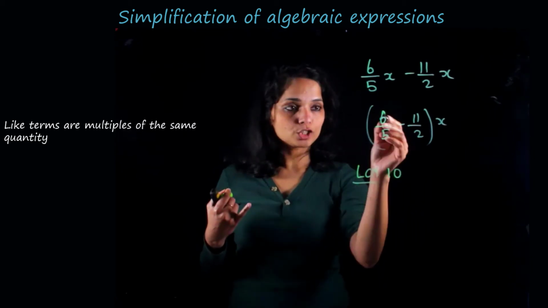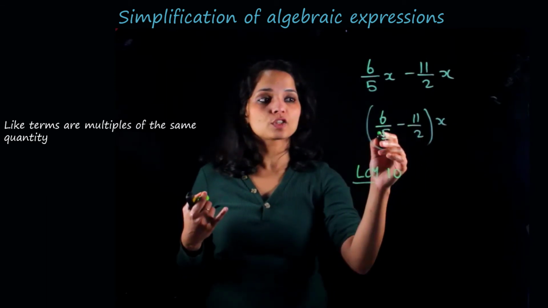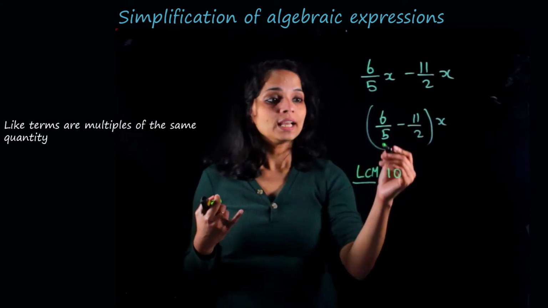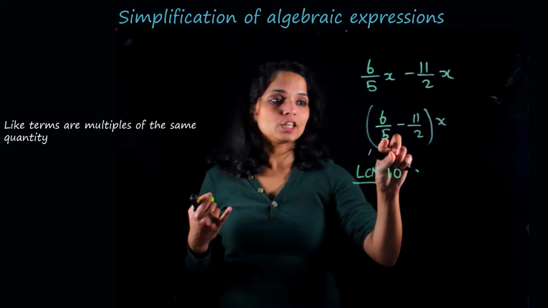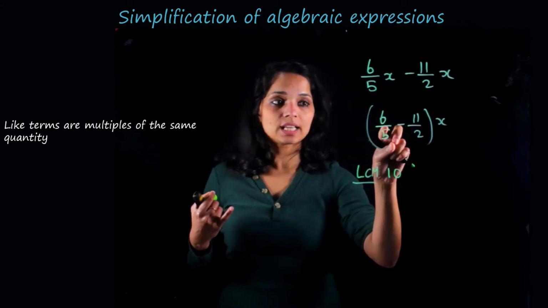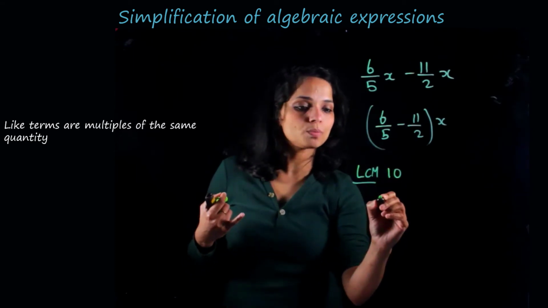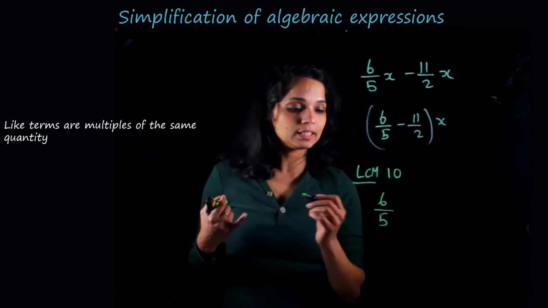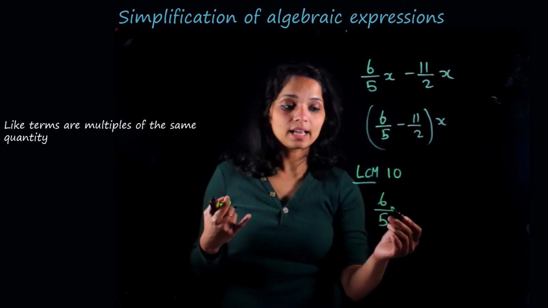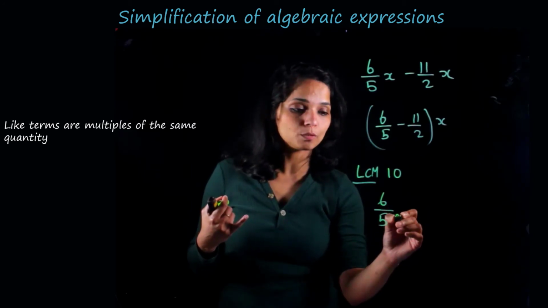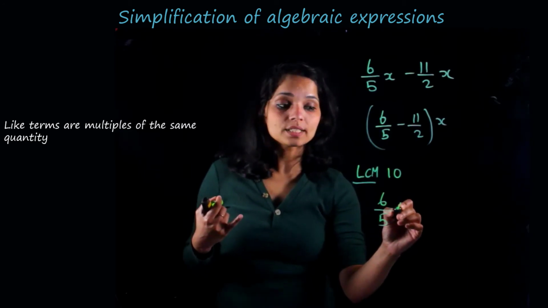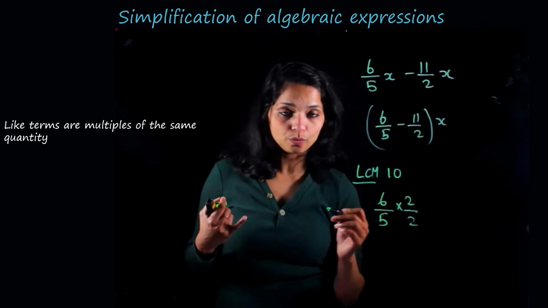What I'm going to do to perform 6 on 5 minus 11 on 2 is make the denominator of these two fractions 10. To make the denominator of 6 on 5 as 10, I'm going to multiply the whole term by 2 on 2.